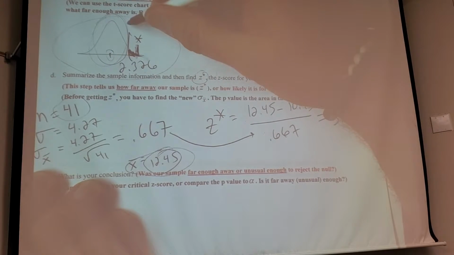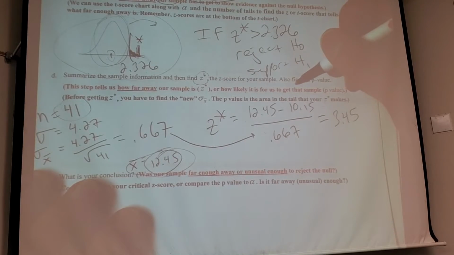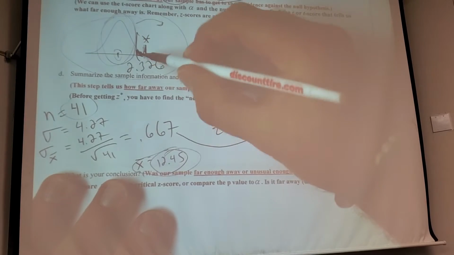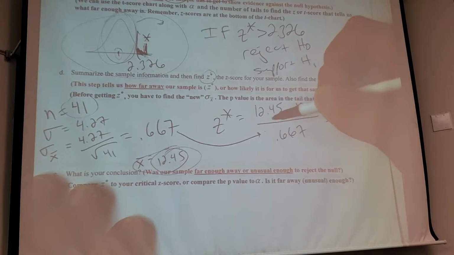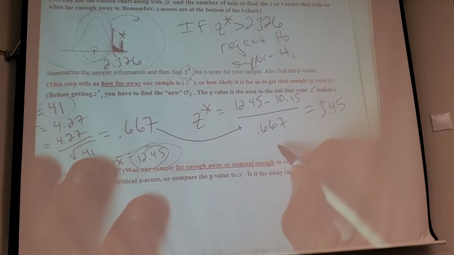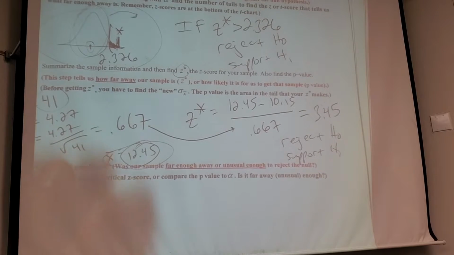No. It looks like there's evidence that it's actually higher. So we made it into what is called the rejection region. It's called the rejection region because if we make it in there, it looks like the null is wrong. I could reject the null. So right now I could say, reject the null, support the alternative.